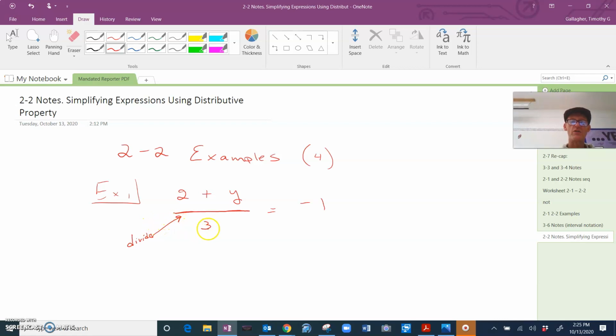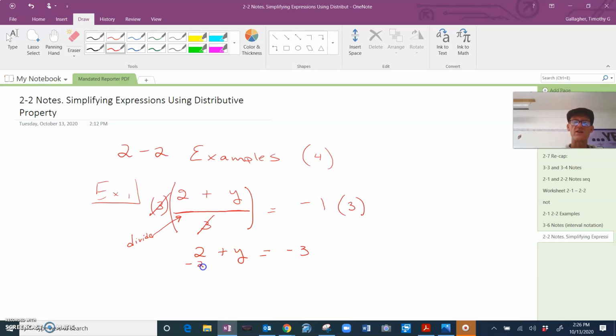Then to undo this division by 3, we're going to multiply both sides by 3, like that. And then the 3's cancel, like that. And then you end up with 2 plus y on the left and -3 on the right.